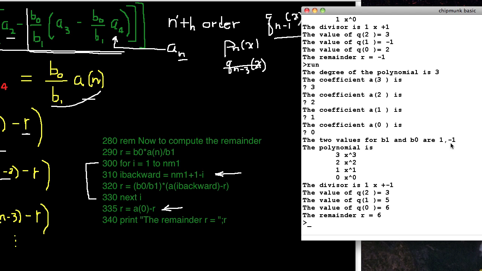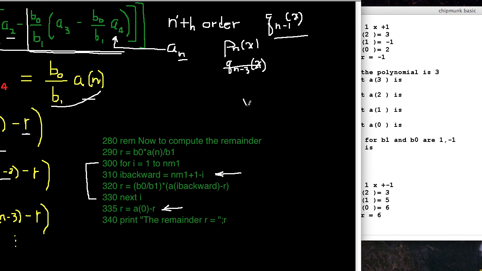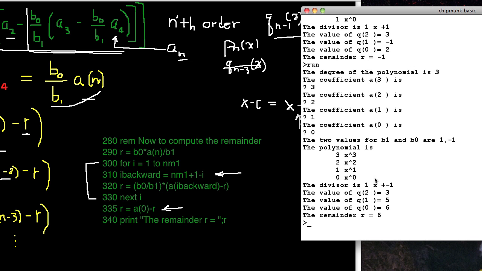I'm sorry, c is equal to 1, because I have x minus c, which in this case is x minus 1. So c is 1. I get 1 cubed is 1, so that's 3 times 1. 1 squared is 1, so plus 2 times 1 is 5. Then 1 times 1 is 6. So at least the remainder is computing properly.